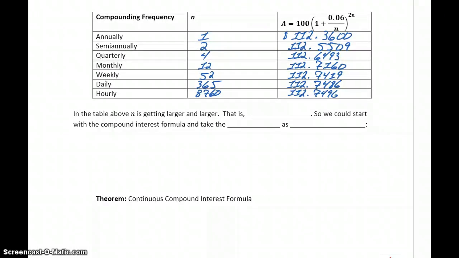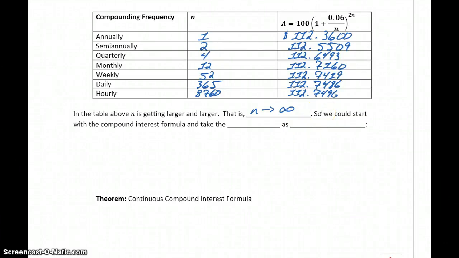So in that table above, n is getting larger and larger, which is the same thing as saying n is approaching infinity. After hourly, we could look at per minute, per second, or what we could do is get up to continuous compounding, so interest is being compounded continuously every immeasurable instant of every day.